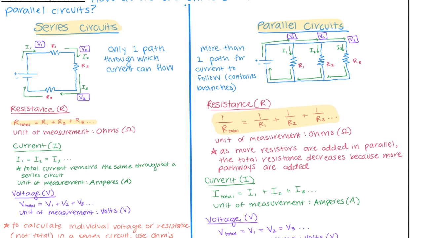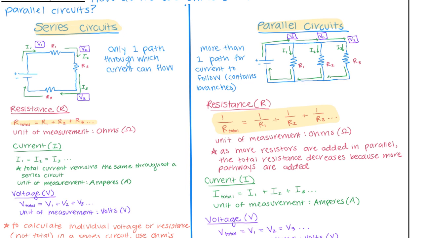We are comparing series and parallel circuits and the resistance within them. Thankfully, our unit of measurement for resistance does not change. We are still measuring this in ohms, right? But what is really unique about parallel circuits, and this is only for parallel circuits, so in series circuits this does not work, is that as more resistors are added in parallel, the total resistance of the parallel circuit decreases because you're actually adding more pathways.